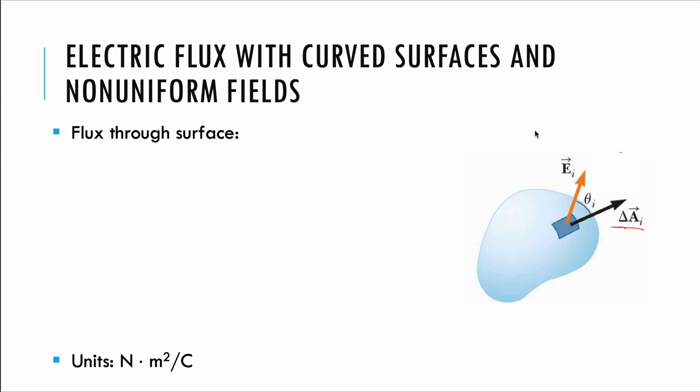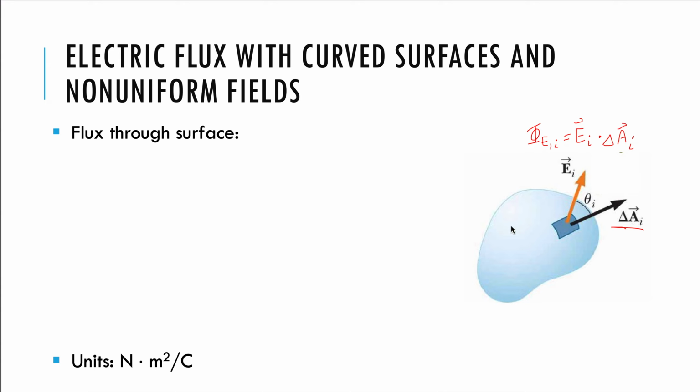So we can use the definition of flux that we just learned about. For just this little i segment here, the flux is going to be E_i dot delta A_i.